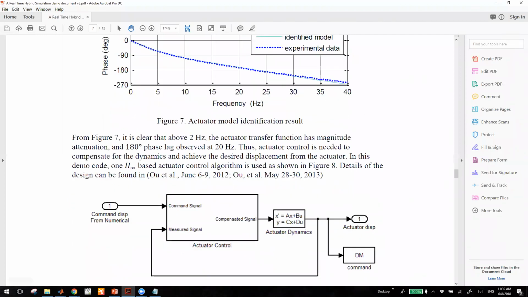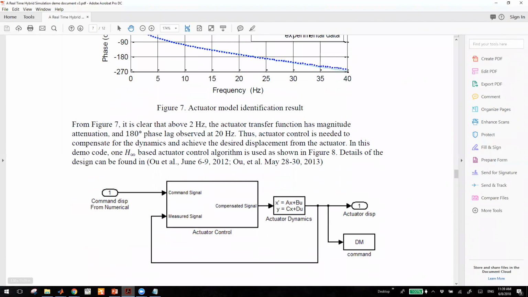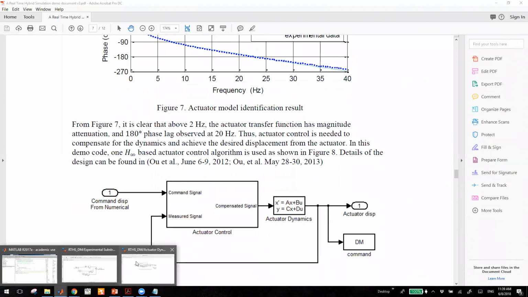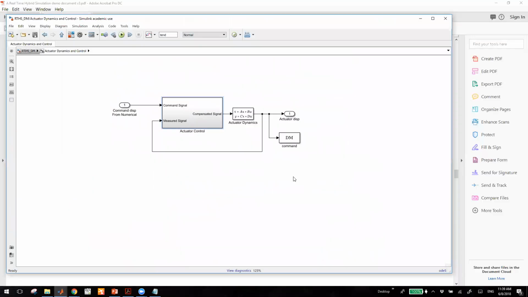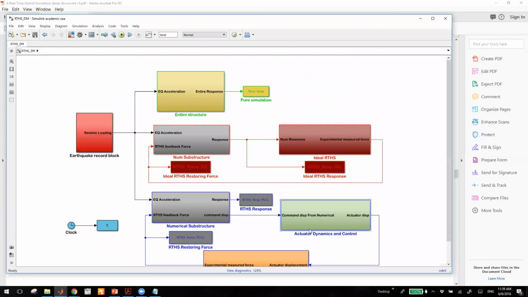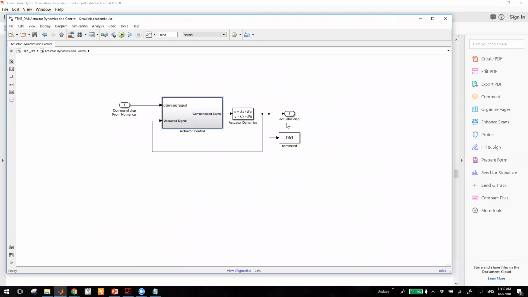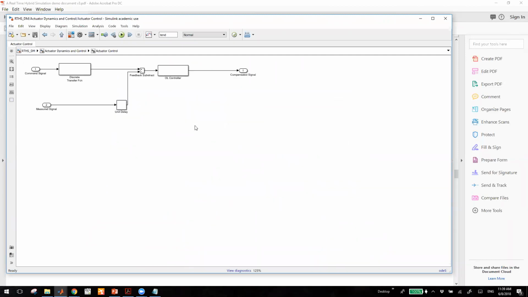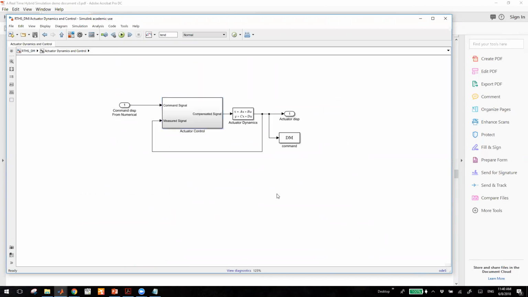That is what is explained by this part inside your controller, on the second inner level of the third layer. So that is the H infinity controller to compensate for the actuator and the actuator dynamics.